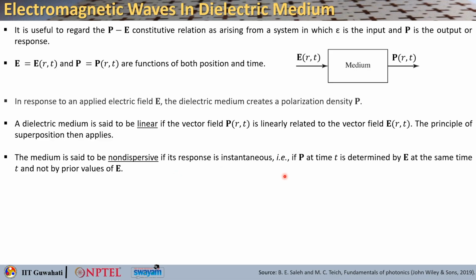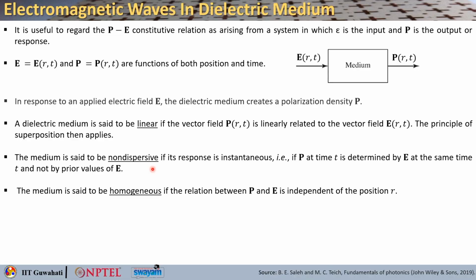Non-dispersiveness is clearly an idealization, since all physical systems, no matter how rapidly they may respond, do have a finite response time. So, for the sake of simplicity, we will consider a non-dispersive medium, where the electromagnetic response is instantaneous.